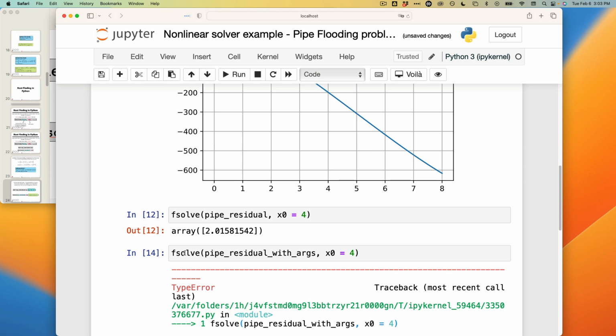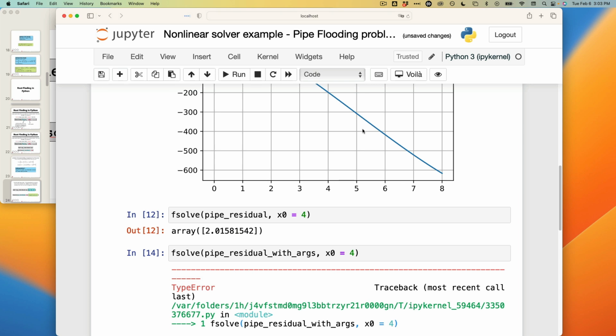Maybe you're looking at all the possible solutions for all combinations of v, l, and r, so you do a loop and call fsolve with different values of v, l, and r. You don't have to hard code or pass arrays for v, l, and r.